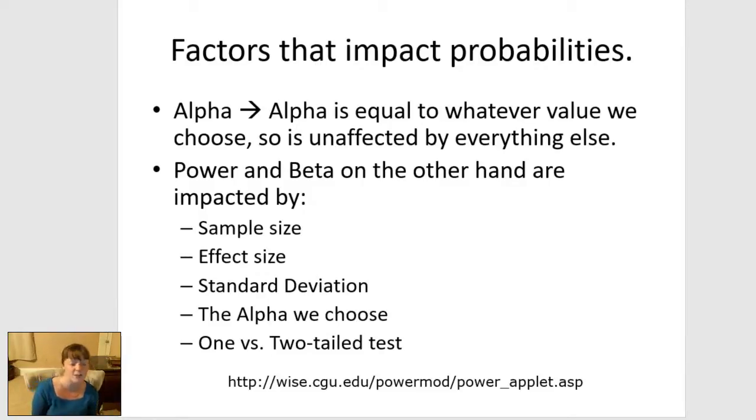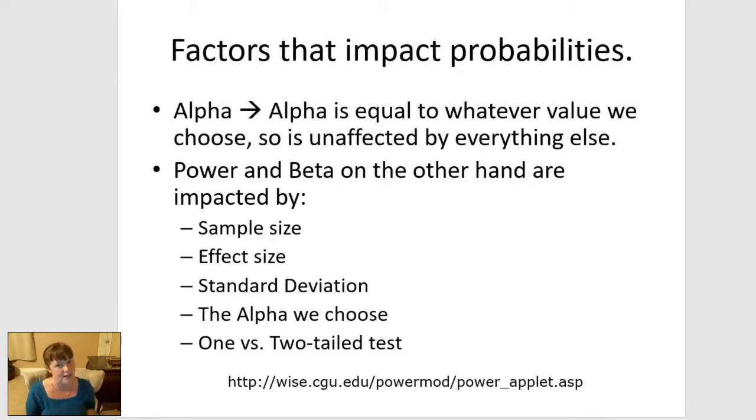And also the difference between a one and a two-tailed test. A one-tailed test is going to have bigger power, smaller beta, but that's not a good idea to do one, right? Just because a one-tailed test is going to have bigger power and smaller beta, that's not a good reason to do one, because that means you're not allowed to look in that other tail. But it is in fact true that a one-tailed test is more powerful and has smaller beta.